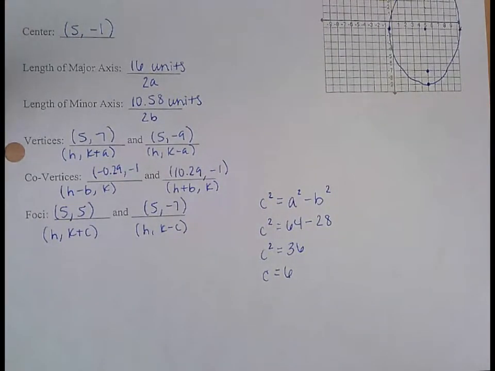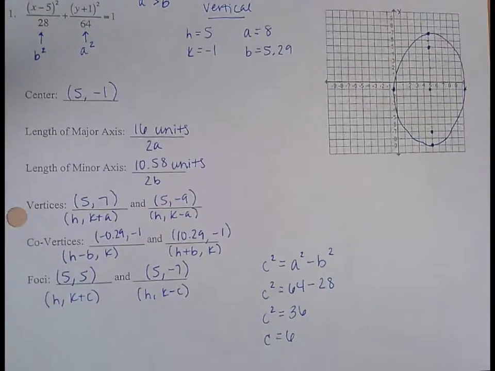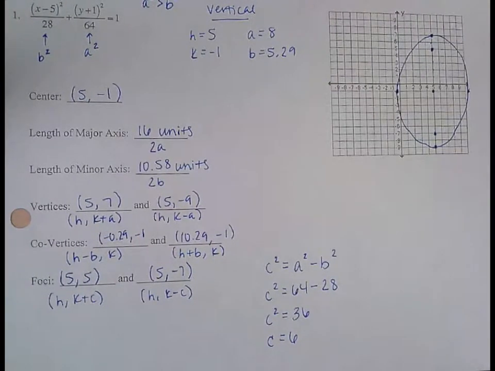And the foci are both inside of the ellipse like they should be. So when you're done, just compare your graph and make sure it seems like your points are where they should be based on the orientation it had. If it's vertical, make sure it looks right. You have that diagram on your graphic organizer. Okay, questions on that one?